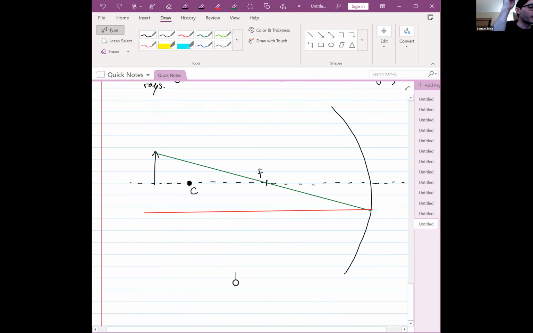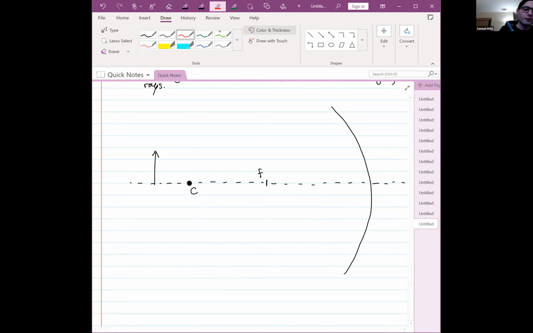The second principal ray, oh no, I got that one backwards. Sorry, that's not the first principal ray. I knew that felt weird. The first principal ray really is the ray that goes parallel to the optical axis. I'm going to make the object a little bit taller because otherwise it'll be really annoying. Put the object right here.